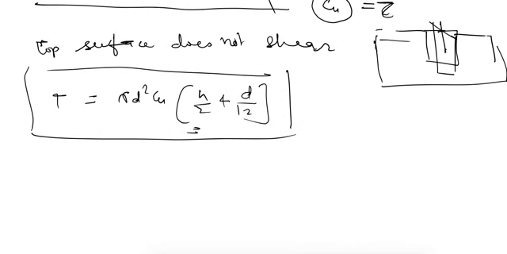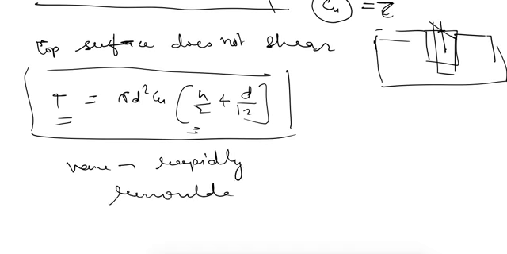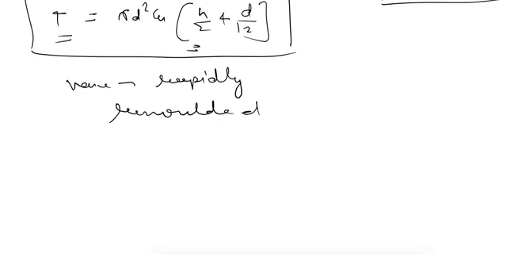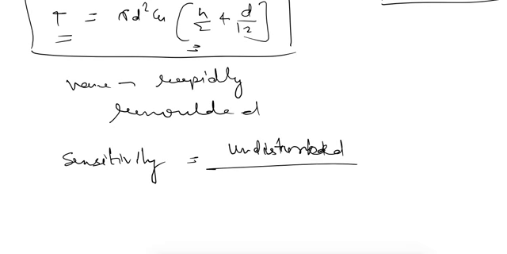After we have computed this shear strength, if we rotate this vane rapidly, the soil will be remolded, and from here we can also find out the sensitivity of this clay, which is equal to its undisturbed strength, the strength we found the first time, divided by the remolded strength.